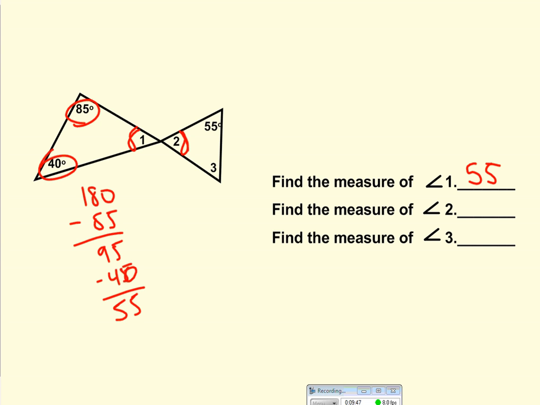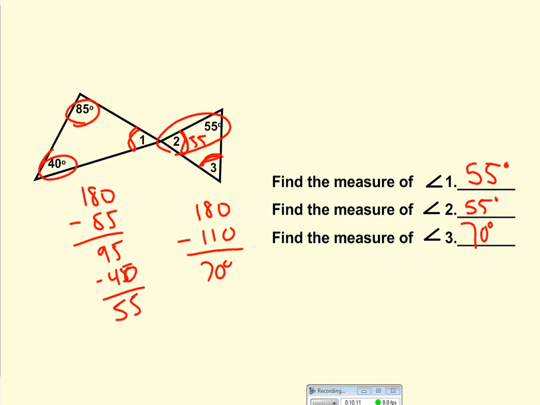I know it doesn't look like it, but just go with it. It is. So that one's going to be 55 as well. So angle 3 then has got to be 180 minus these two. Well, we know angle 2 is 55, so I've got to take 180 minus 110, so it's going to be 70 degrees.